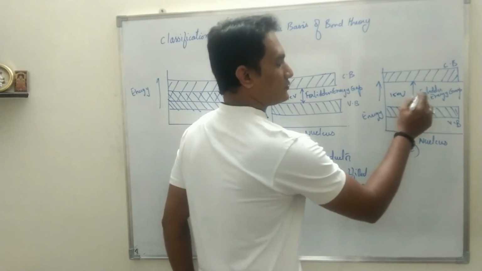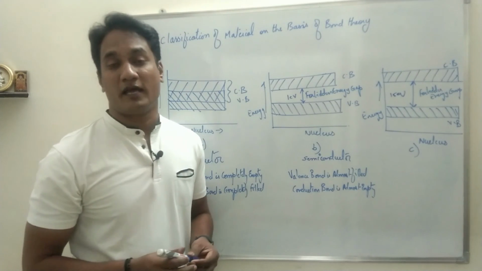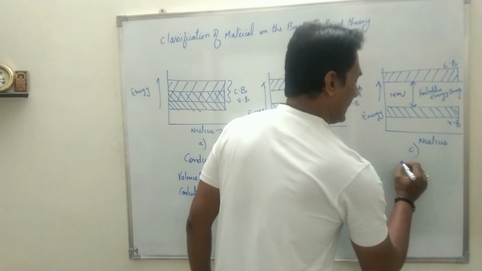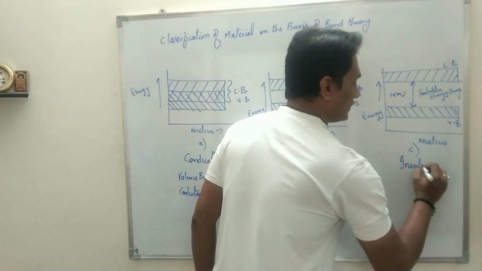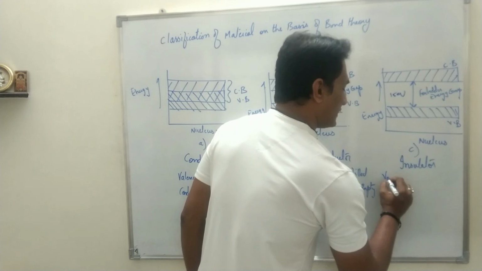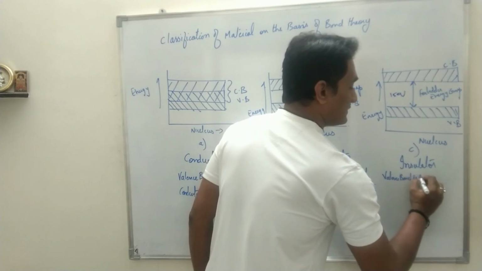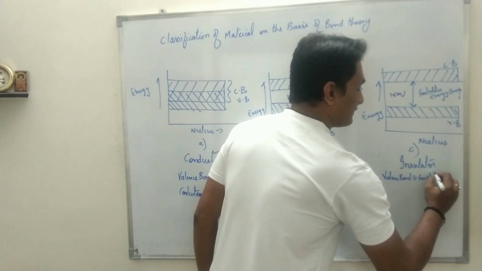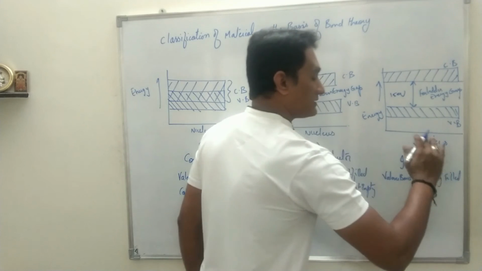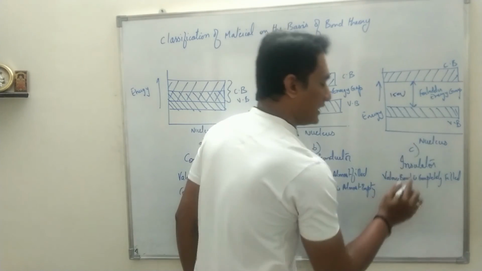And of course, the last one, the energy gap is very high. Whatever energy you apply, no current will flow through such material. They will be classified as insulators. Okay, so in an insulator we say valence band is completely filled, but however much energy we apply from outside, electrons will not move from valence band to conduction band.